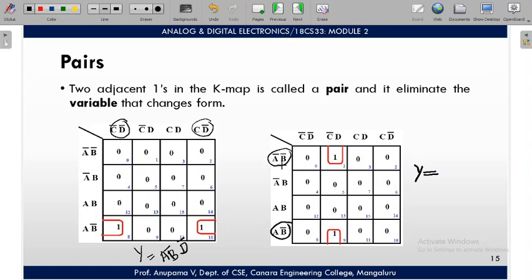If I observe these two terms, the variable A changes its form from A complement to A, hence the variable A gets eliminated and B bar remains. Now go to the column where the pair lies. So C bar D. Write C bar D as it is, along with the resultant which we received in the row.